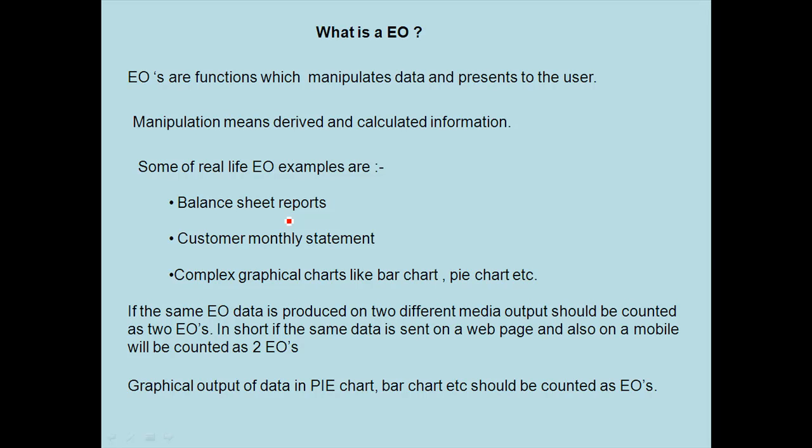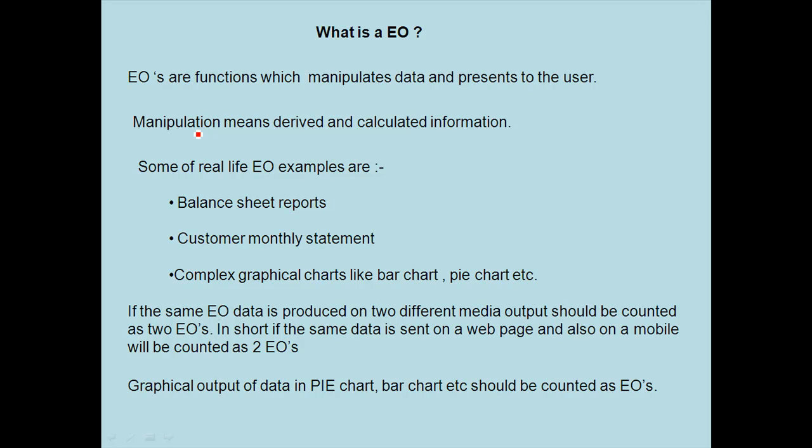Now when we say manipulation of data, we mean deriving and calculating information. For example, when you are displaying a balance sheet, you will probably be showing aggregated totals of the year, the debit total at one side, the credit total at one side, then displaying the total of the debits and credits, and checking that the balance sheet is matching.